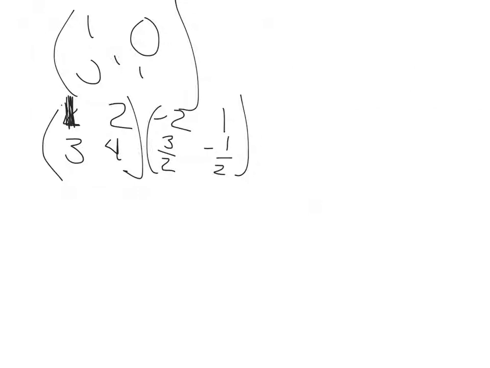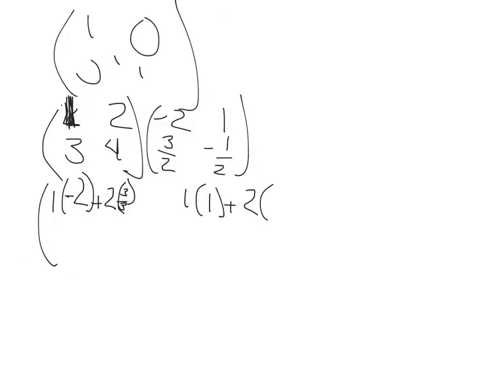So it'll be 1 times minus 2 plus 2 times 3 halves, and then 1 times 1 plus 2 times minus 1 half.